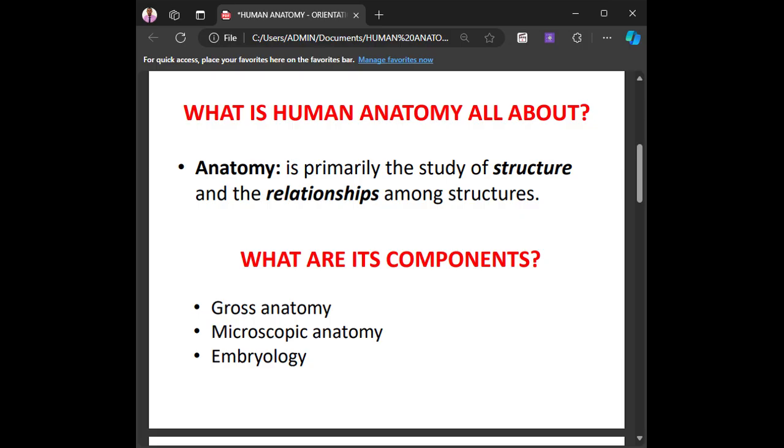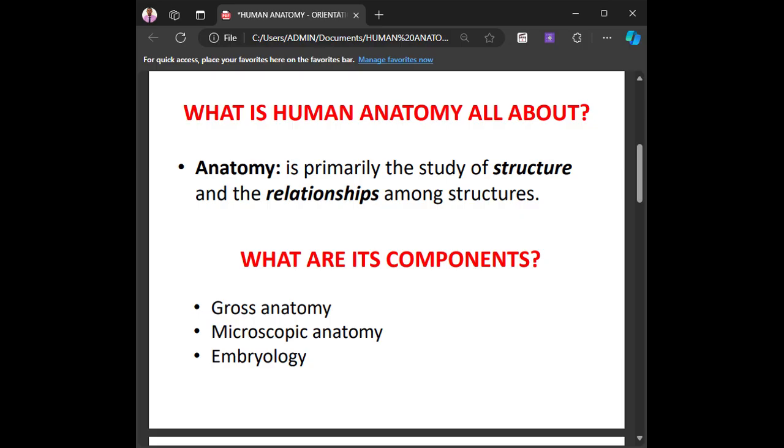Under embryology you will study how a human being develops from the time of fertilization, which you looked at in junior secondary school and also in high school.